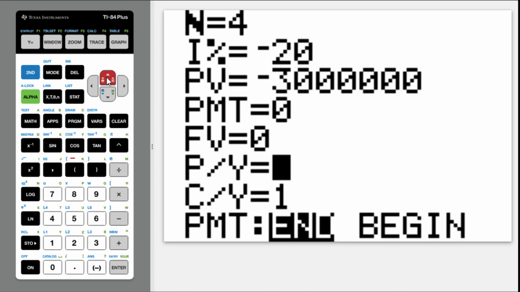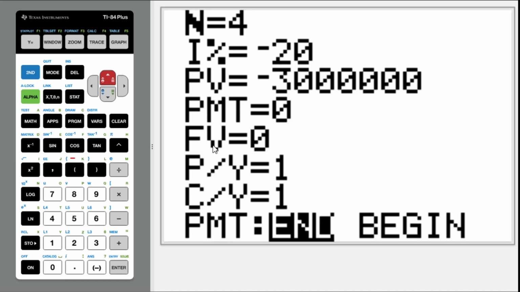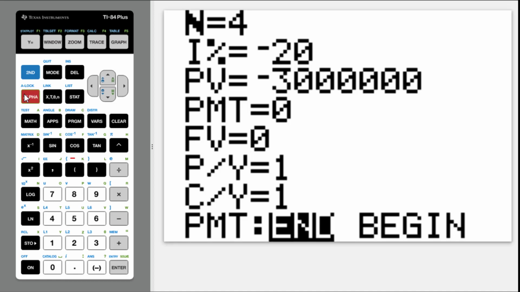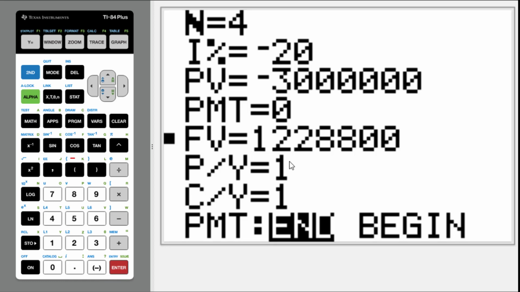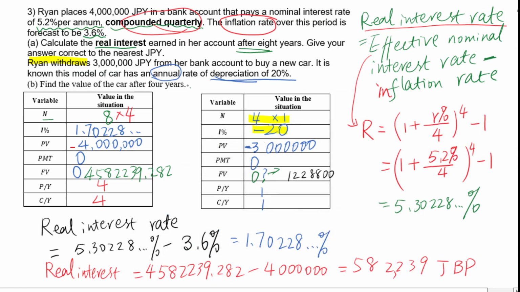Move the cursor to future value, alpha, enter. We get 1,228,800. So for B, the value of the car after 4 years will be 1,228,800 JPY.